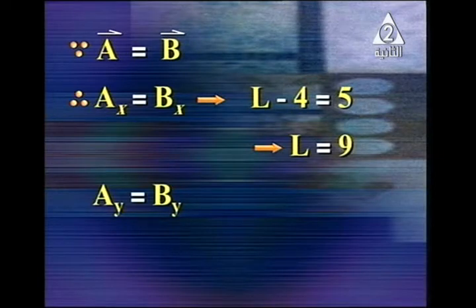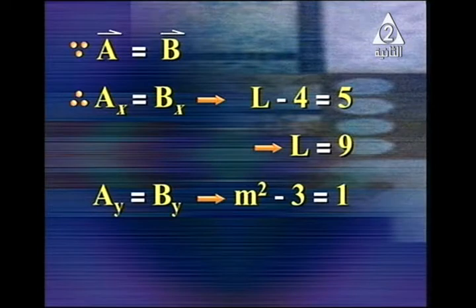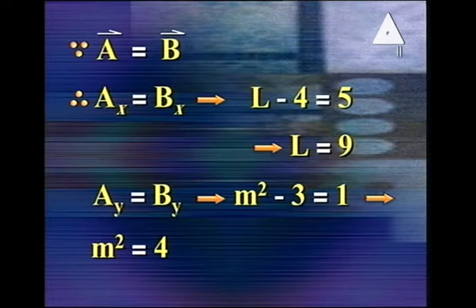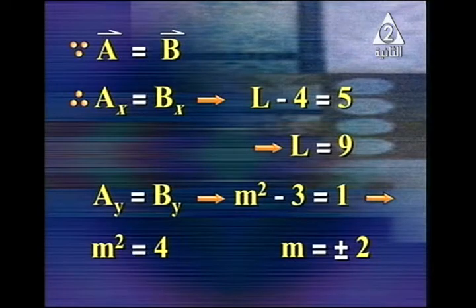AY equals BY, the component of AY is M square minus 3. Component of BY is 1. Then M square equals what? 4. What is the value of M? M square equals 4, M equals positive or negative 2.